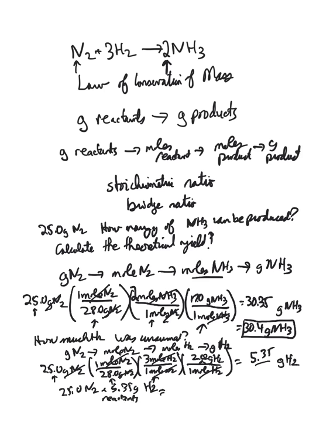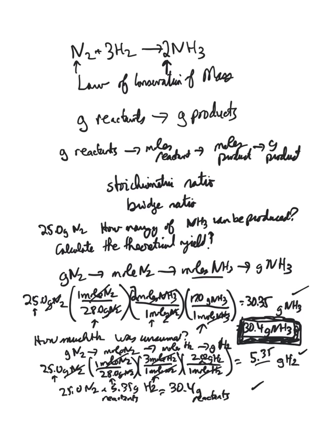To add those together, using my sig figs, I'll come up with 30.4 grams of reactants. And how much did I predict would be made from the ammonia? 30.4 grams. And so I must be doing something right.